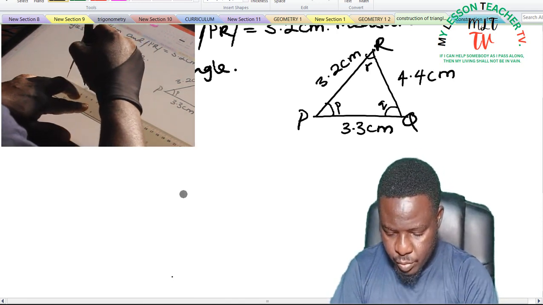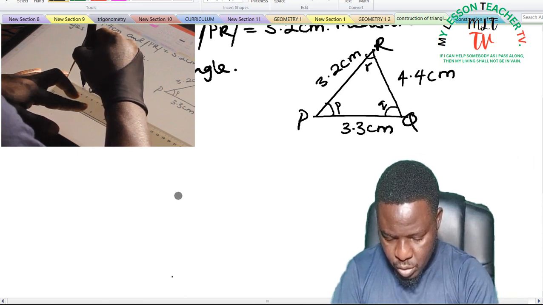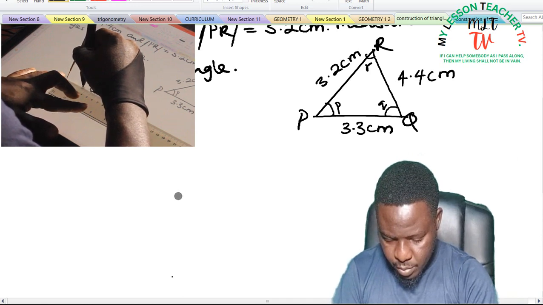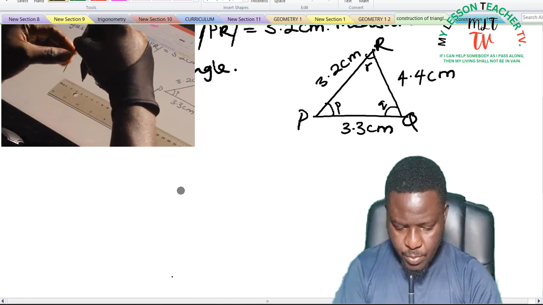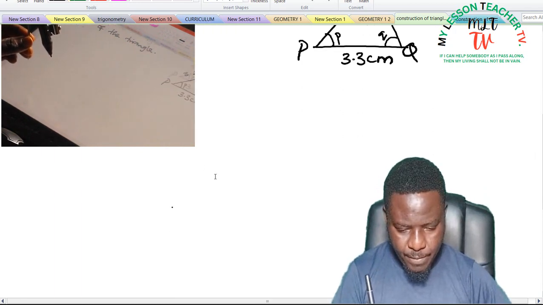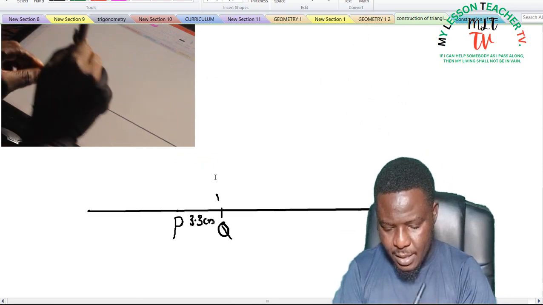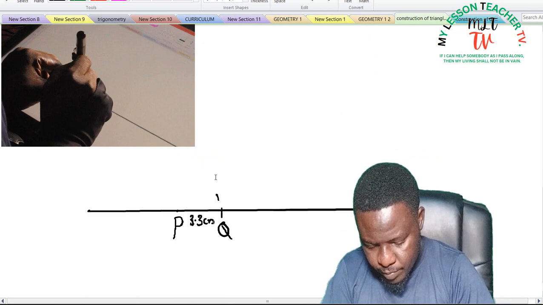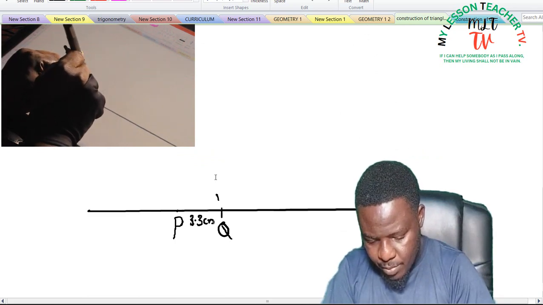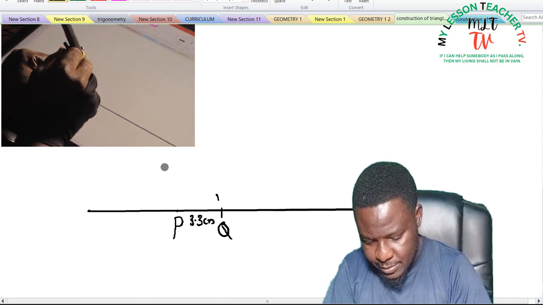is 3.2. So with this at the center mark, 0 mark, I'll measure 3.2. So this is 3.2. And to construct line PR, so with P as center, I'm going to construct, because my board is slippery, I'm going to hold it a little bit.